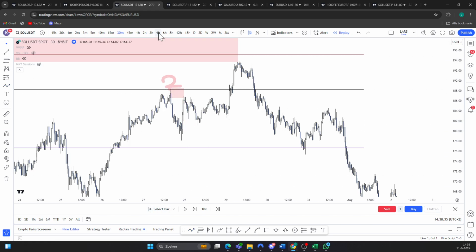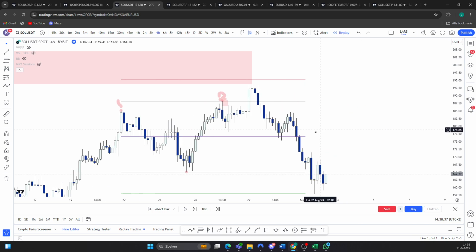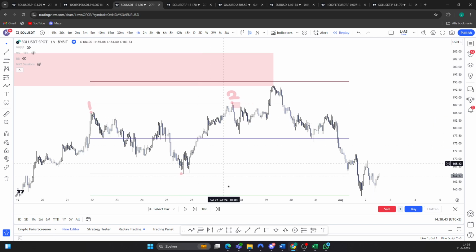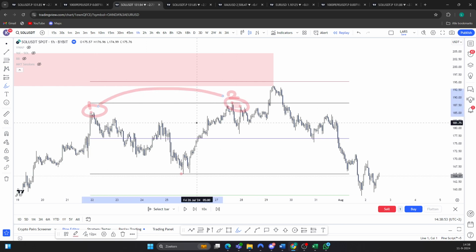However, we know that this is a 4-hour TCT schematic. So to have your tab 3 already here, look at the difference in the distance between tab 2 and tab 3 versus tab 1 and tab 2. Tab 2 and tab 3 are way closer.